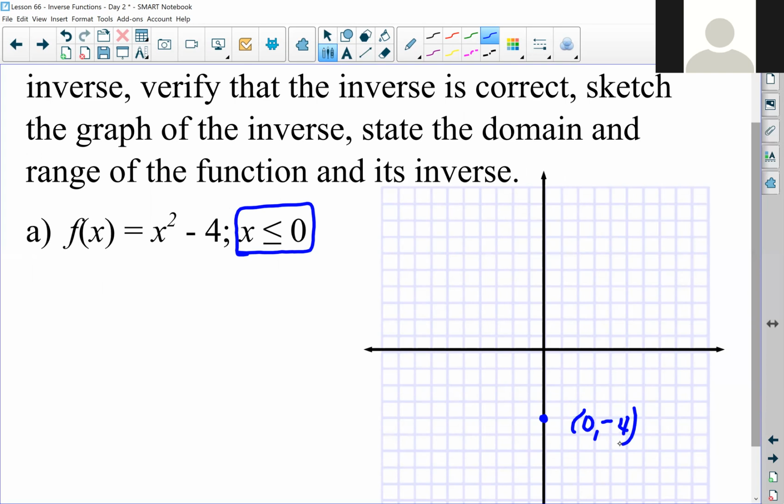Okay. And so you can just pick 3, like 0, -1, and -2. And obviously there are more points that you could pick, but this gives us a little bit of an idea.